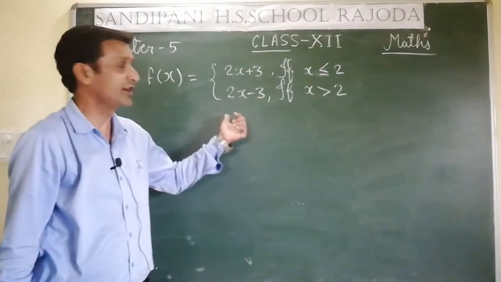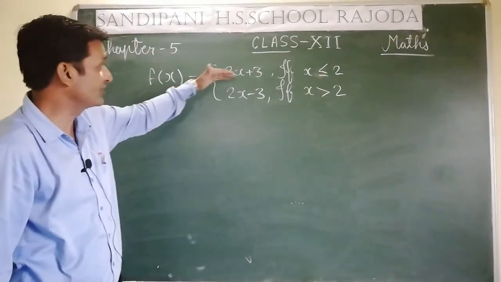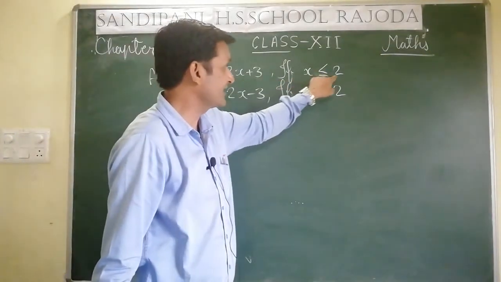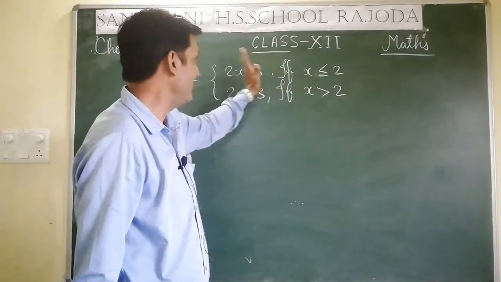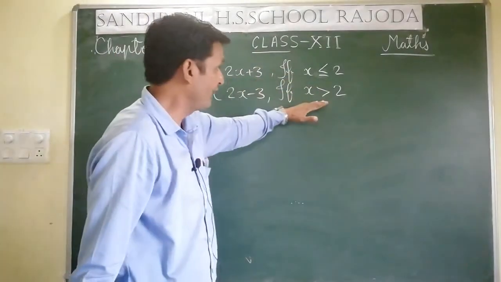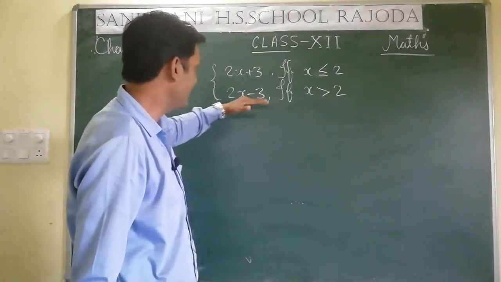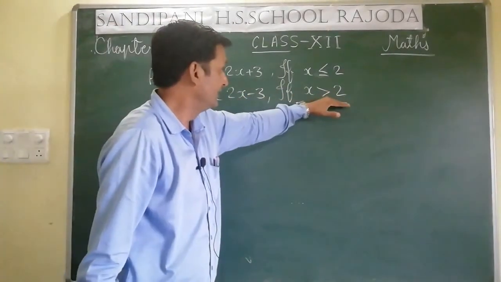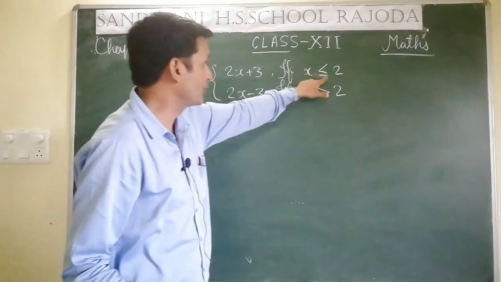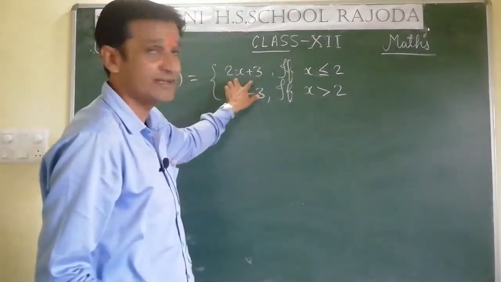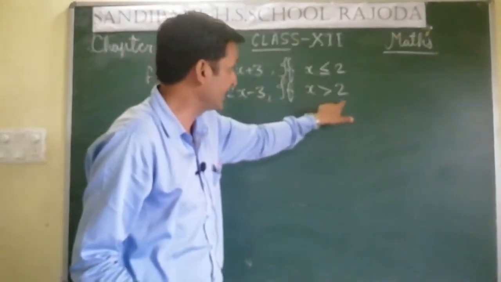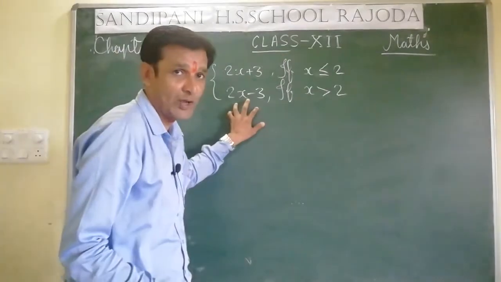Again I am applying the continuity test for a function f of x which is defined in this manner: 2x plus 3 if x is less than or equal to 2, meaning in the left hand limit and at 2 we have to put this function, and if x is greater than 2, in that case in the right hand limit we have to put f of x is equal to 2x minus 3.